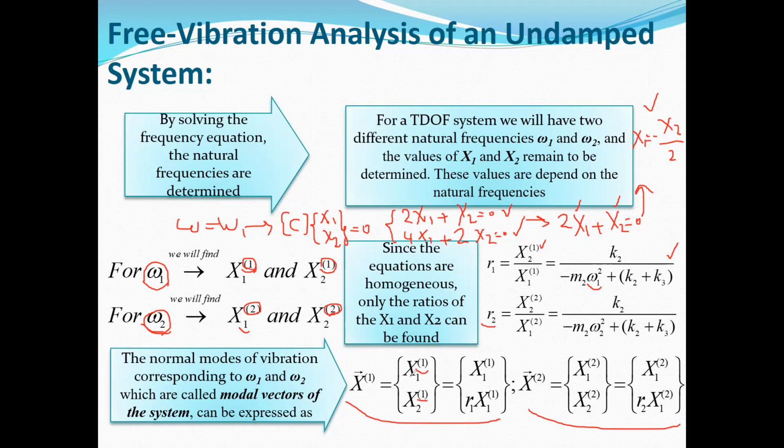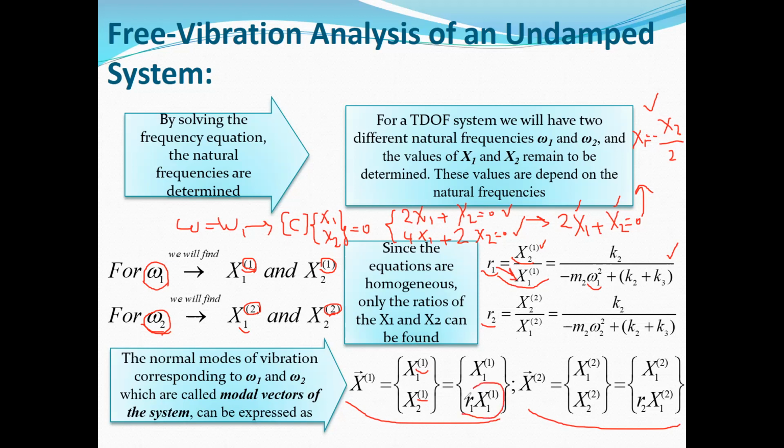Instead of x1 or x2, you can substitute as a function of the other amplitude. For example, instead of x2, I substitute r1 multiplied by x1, because we call this r1. So from this equation, you can conclude that x2 is equal to r1 multiplied by x1.